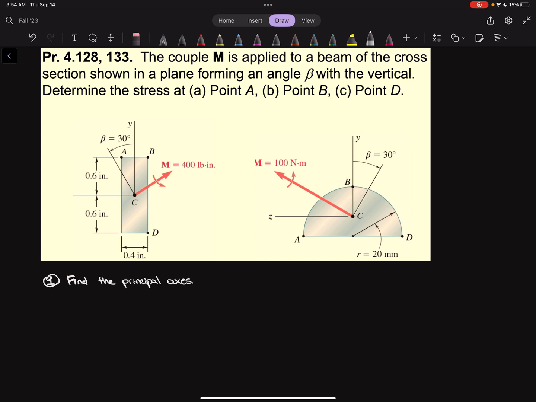Here they gave them to us, Z and Y, so we don't have to worry about those. And then find the moments of area about the Y and Z axes, which are the principal axes.